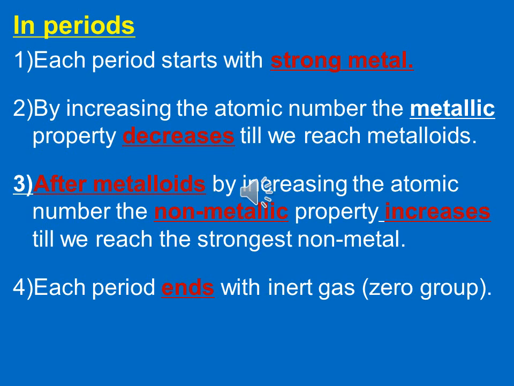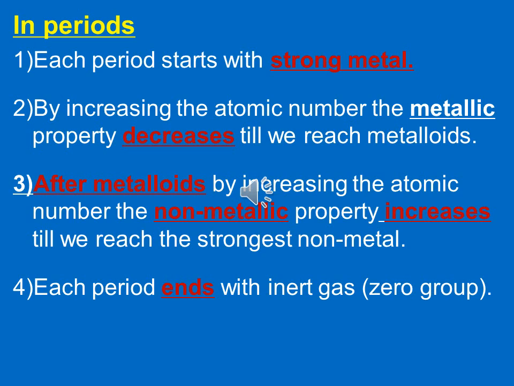So in number 2 here, by increasing the atomic number, and as we said, the atomic number is always increasing, from left to right in the periodic table the metallic property decreases. Why? Because the attraction force increases and it's not easy to lose electrons.